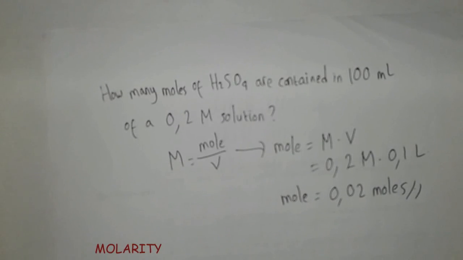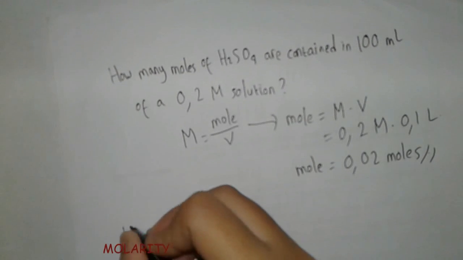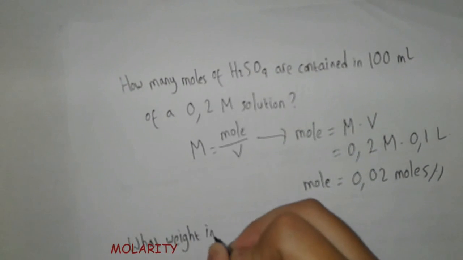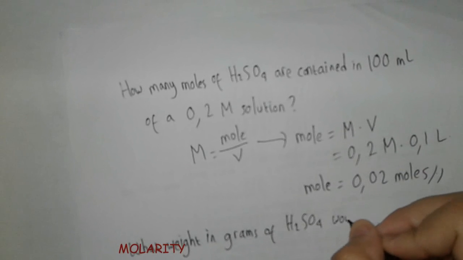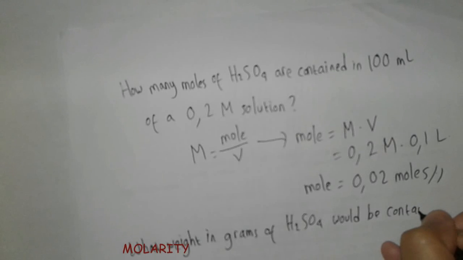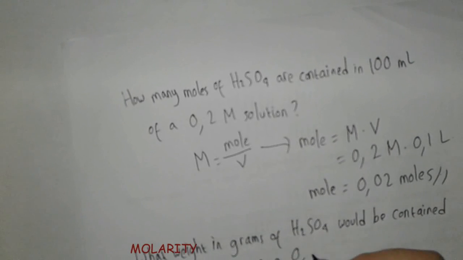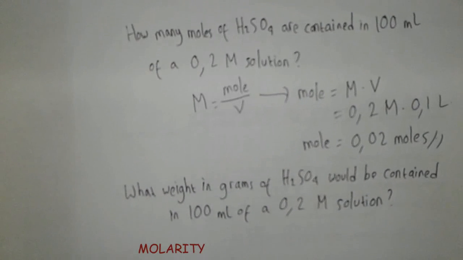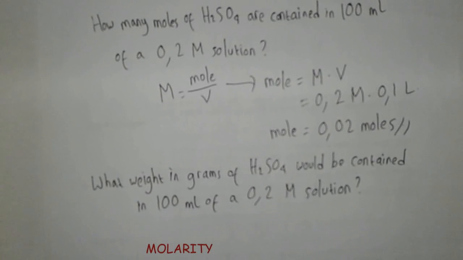Continuing this problem, I have another question: what weight, in grams, of sulfuric acid would be contained in 100 milliliters of a 0.2 molar solution?